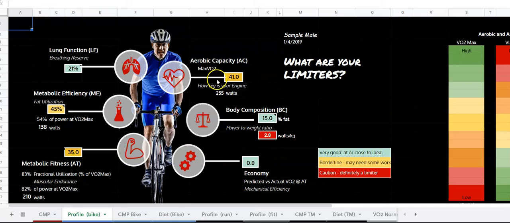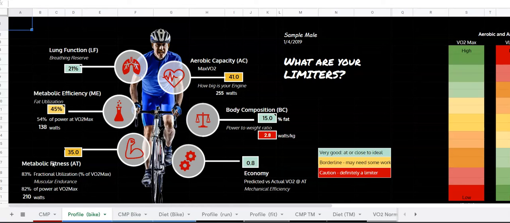We have aerobic capacity, we have body composition from a skinfold analysis, we have economy, which takes into account the VO2, another expression of the physiological workload, and compares it to the mechanical workload, like your power output on a bike or your pace and incline. So it's a workload comparison to see how efficient your body is at going forward using the power to do your activity.